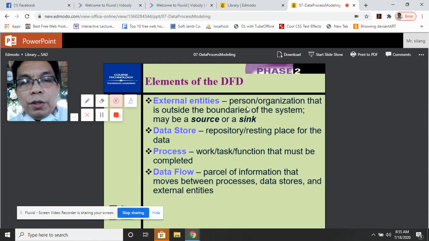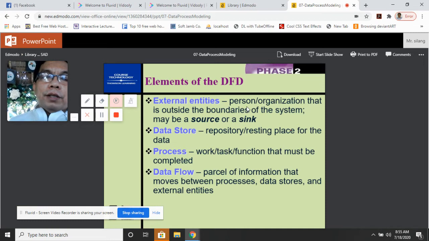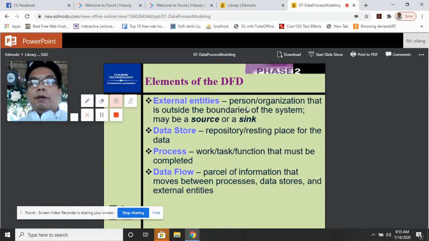When we say it is a source, that means the data will be coming from that external entity. So it can be coming from a person, or from an organization or a department. So that's an external entity. And it is a sink if the data or information will be given to that person or organization. So it becomes a sink.